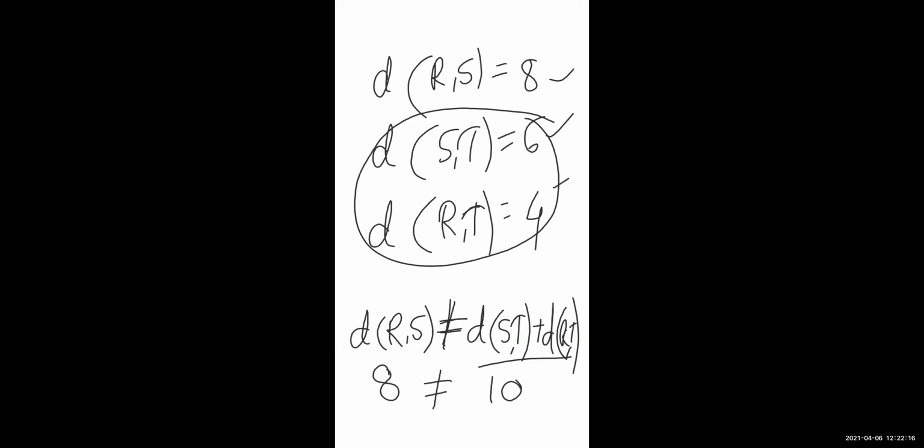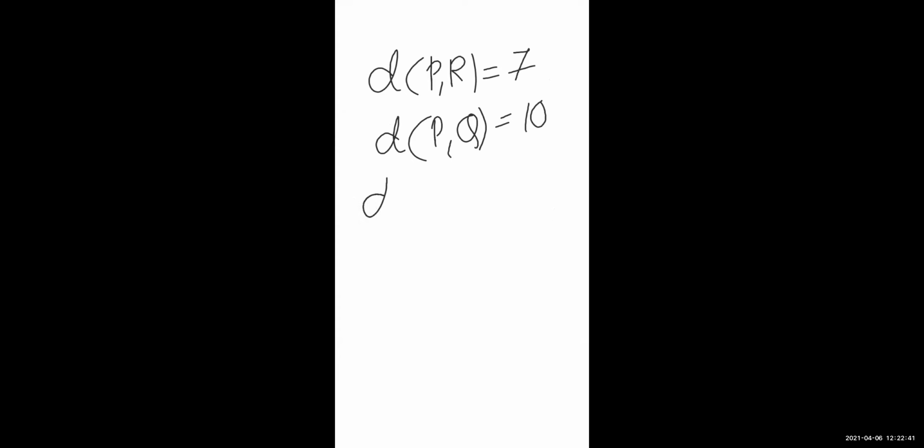So this question is from your exercise, and one more question I am going to take from this. Distance of PR is given 7, distance of PQ is given 10, and distance between QR is given 3. Which two do we have to add? First of all, the bigger one we will write down: distance of PQ is 10.